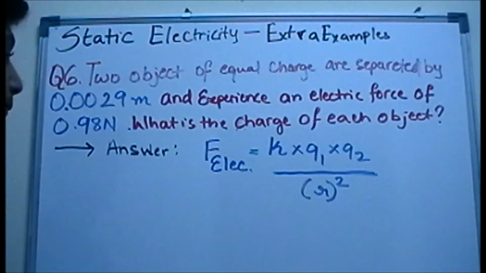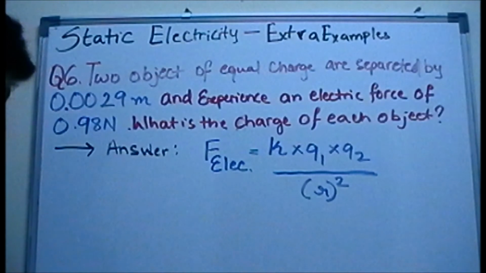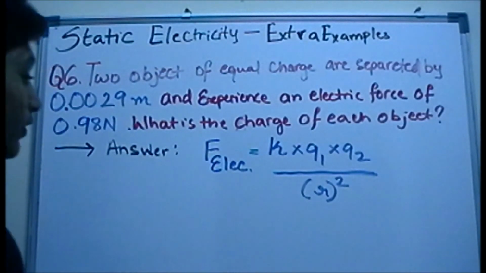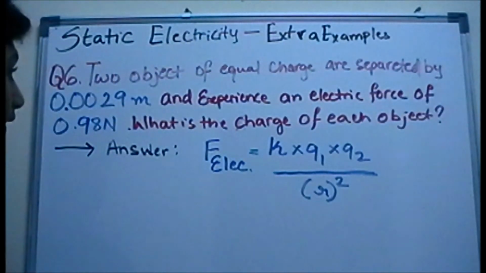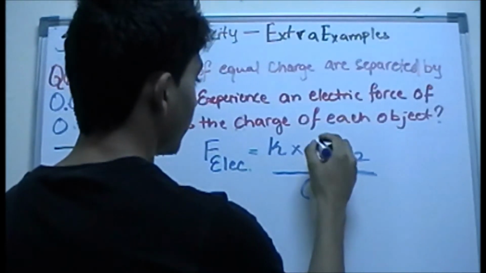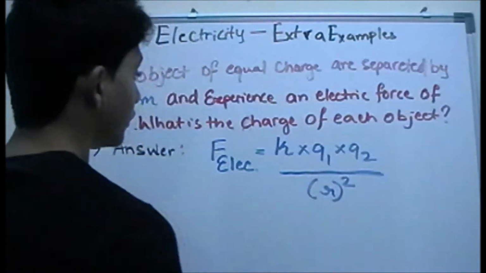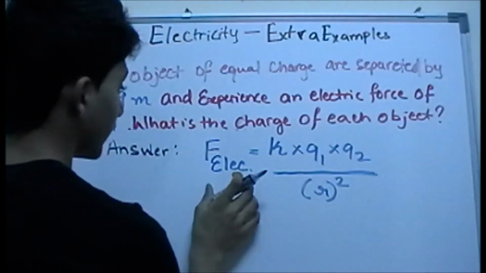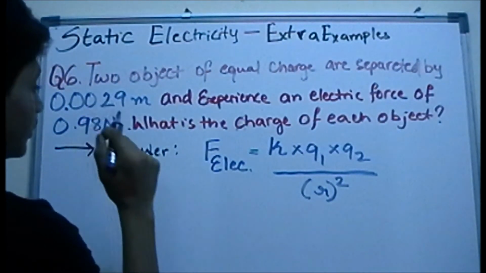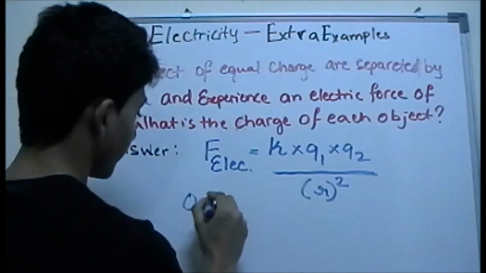Let me put these units in the equation and solve for the answer. When you solve for the electric force, you need to solve for the charges of these two quantities.